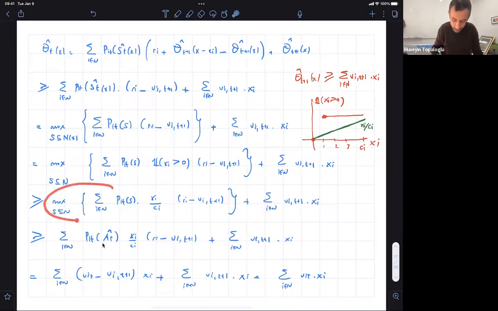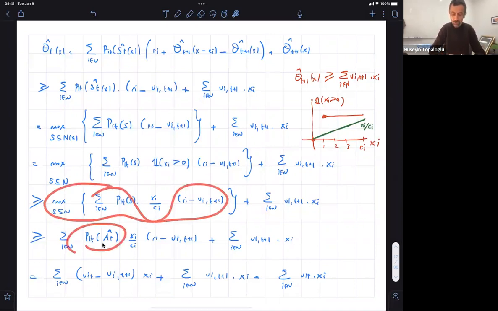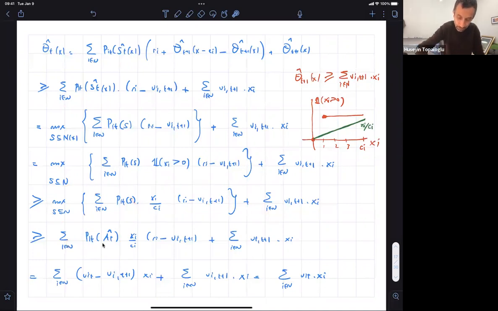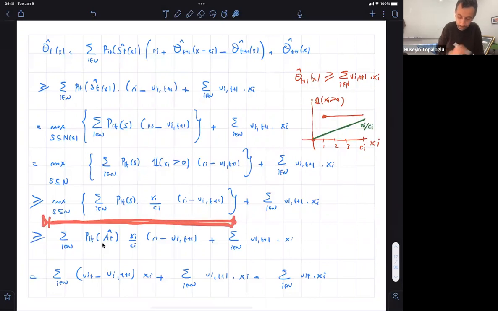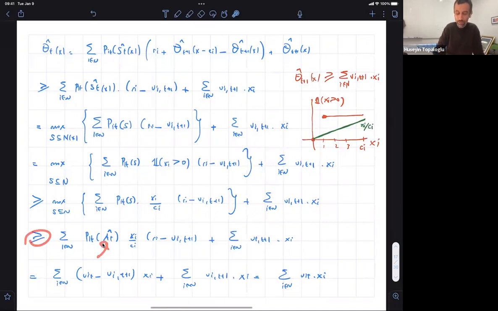The optimal solution to this maximization problem is A hat T. So let's replace that by A hat T. Here's an optimization problem. Instead of computing the optimal objective value of this optimization problem, let's just compute the objective value at a feasible solution. And A hat T, my ideal assortment, is just one feasible solution. So I made the right-hand side even smaller. Instead of solving this optimization problem, I just computed its objective value at a solution.